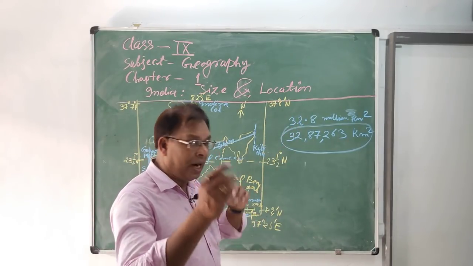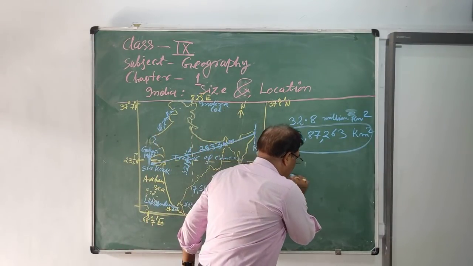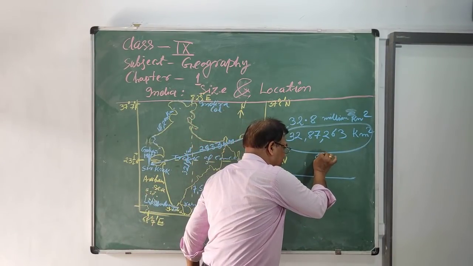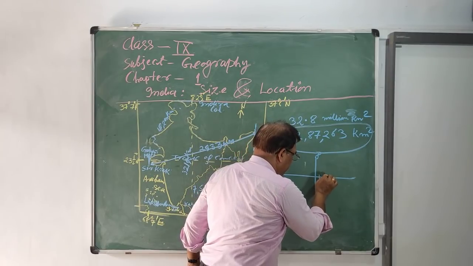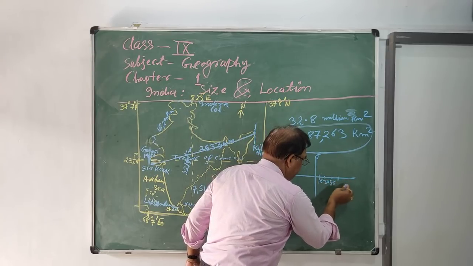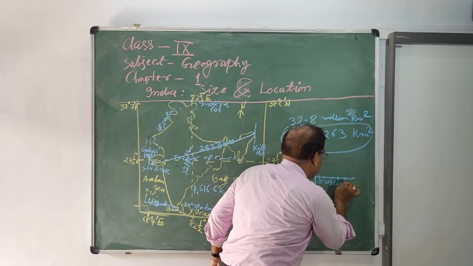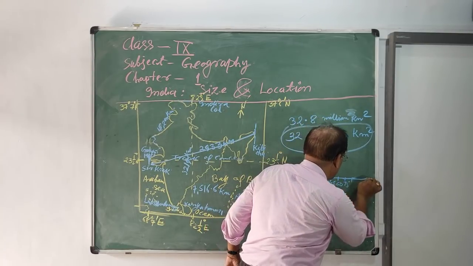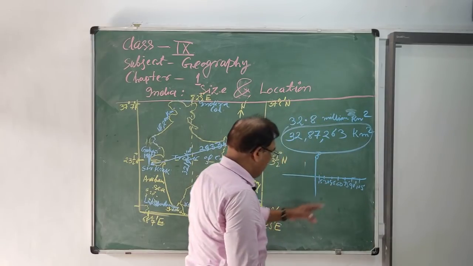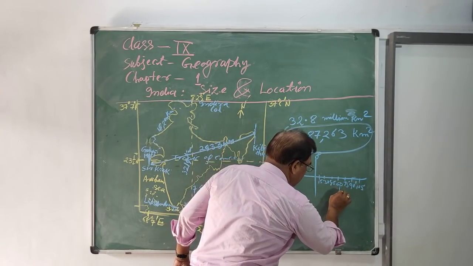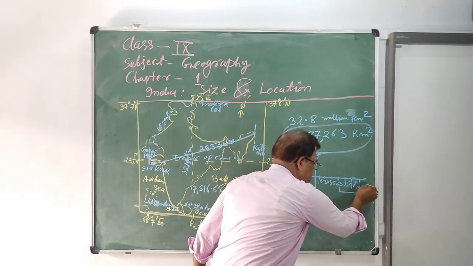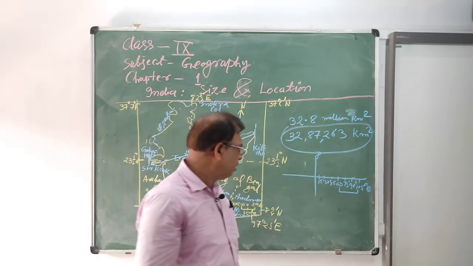Because you have also studied in class 6, the world is divided into 24 time zones. 0 degree is the Greenwich line, 15 degrees, then 30, 45, 60, 75, 90 degrees, 105 degrees. India lies between 60 degrees and 105 degrees east longitude.